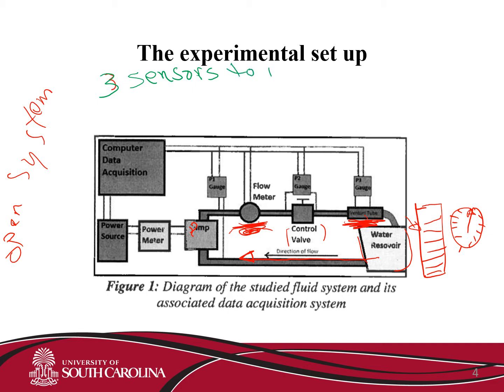are used to measure dP. This is sensor 1 here, here is sensor 2, and here is sensor 3. You can see this is dP1, dP2, dP3.